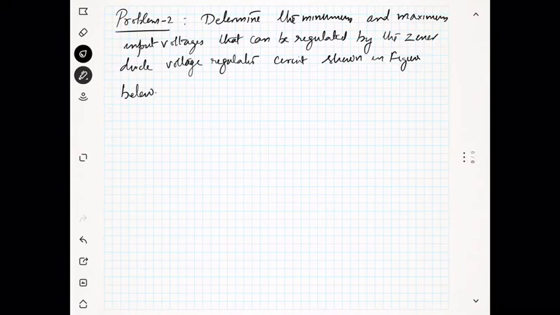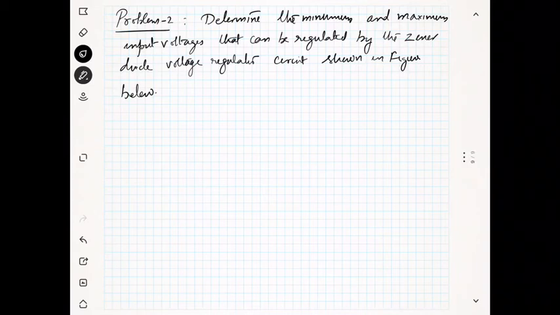The details regarding the complete design of the voltage regulator we will be seeing in the next class. Anyway, let us do this problem.